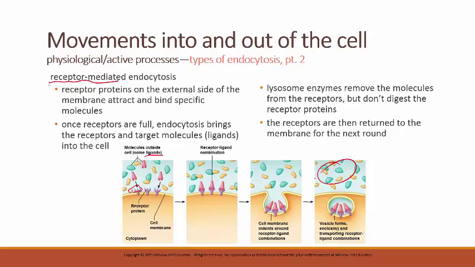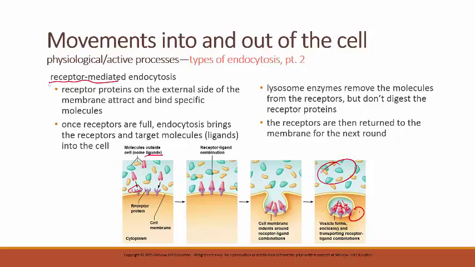And then, this is kind of cool, we can just, again, bump it up to a lysosome. The lysosome will break away the ligand from the receptors, and digest the ligands only. The receptors remain in this vesicle, and we can bring that vesicle back to the cell surface and do this process called exocytosis.